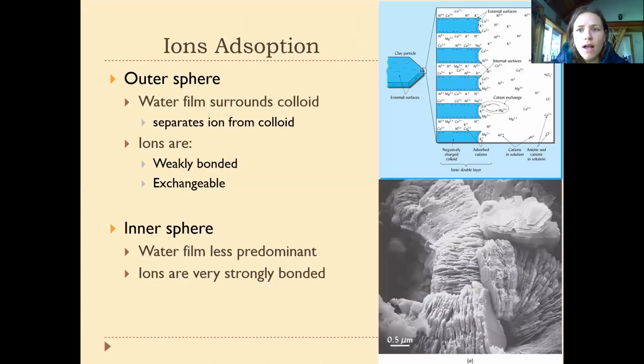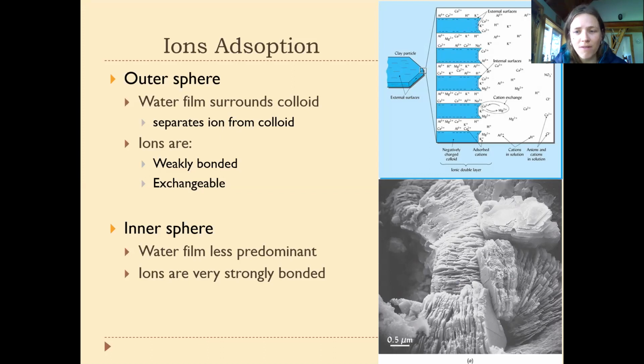So there's usually a little bit of a difference in how strongly these different kinds of ions are held onto the soil, depending on whether they're bonded to the outer sphere areas or the inner sphere areas. Again, this same diagram we saw on the last page shows on the top the outer areas as opposed to internal surfaces.